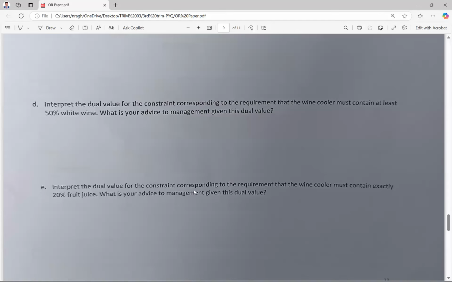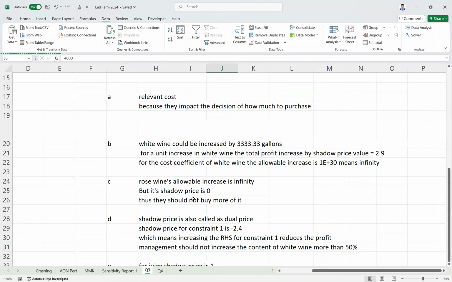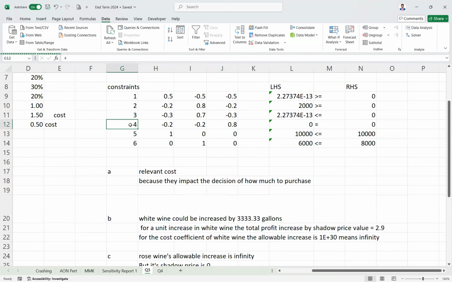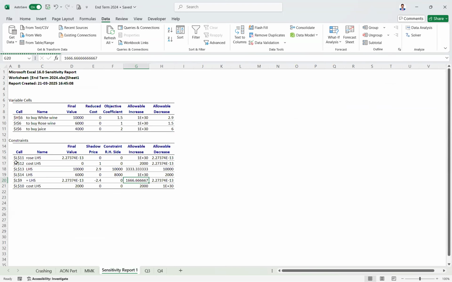Interpret the dual value for the constraint representing the requirement that the wine cooler, meaning the entire mixture, must contain exactly 20% fruit juice. What is your advice to management on this? So where is that constraint? That 20% constraint for the juice is here. This is nothing but L12. So see the report, L12.